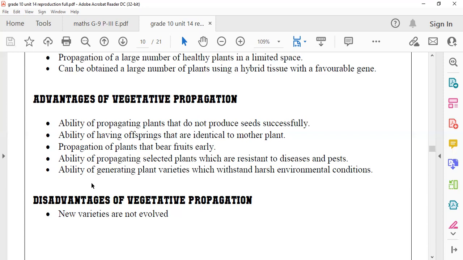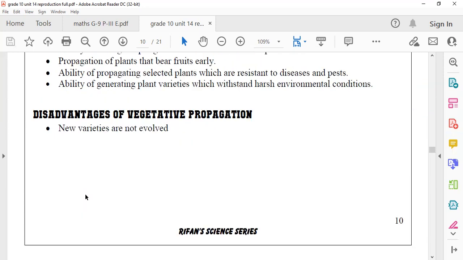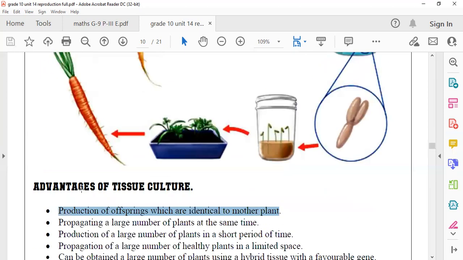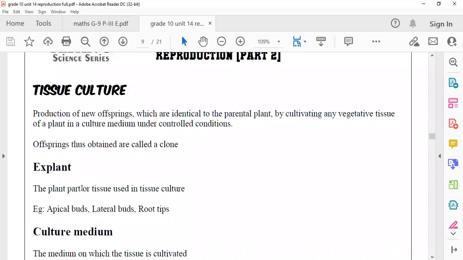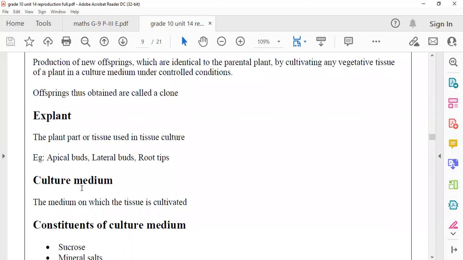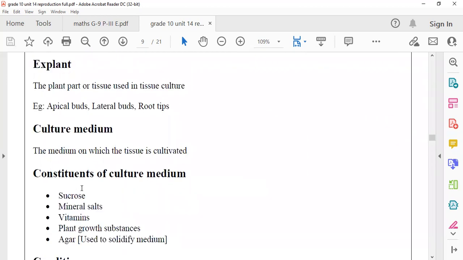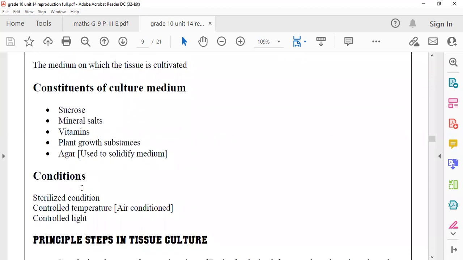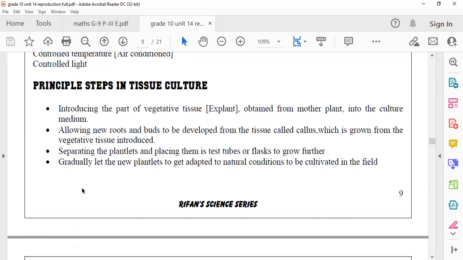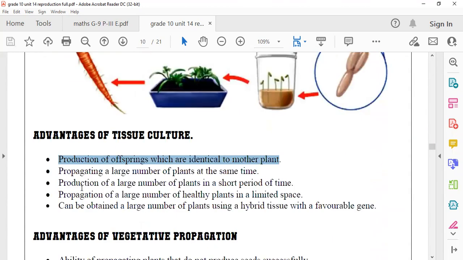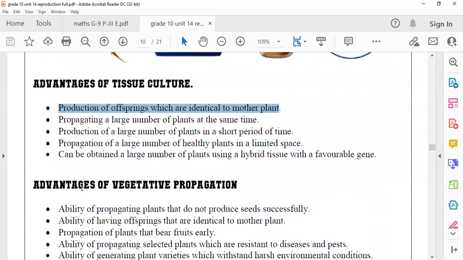Up to page number 10, I have completed everything. So this is the note you have to write. Tissue culture, explant, culture mediums, constituents, conditions, then principal steps in tissue culture. Thereafter, advantages of tissue culture.